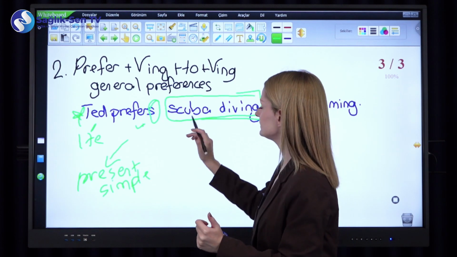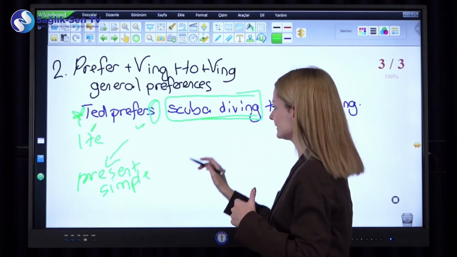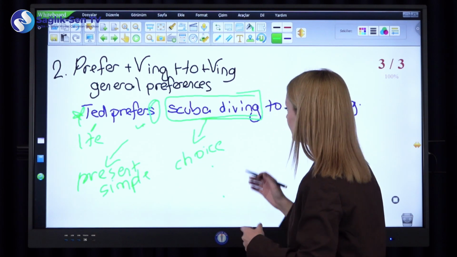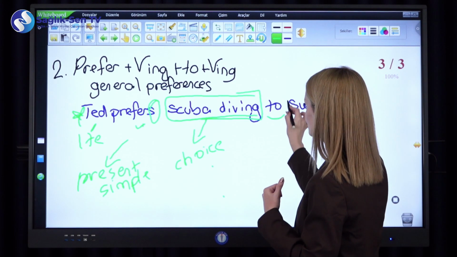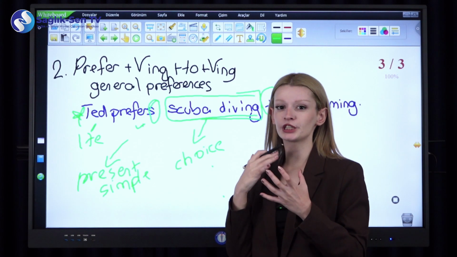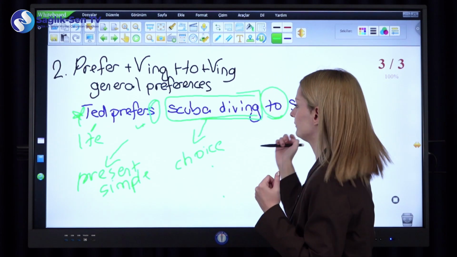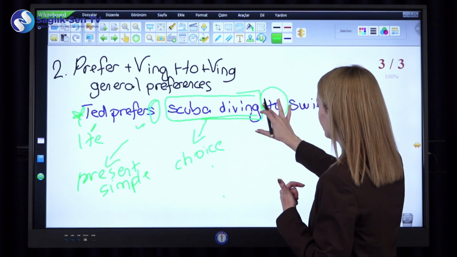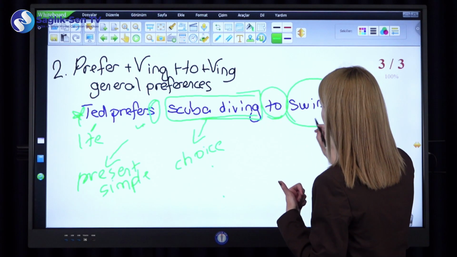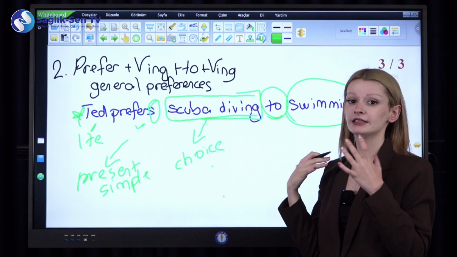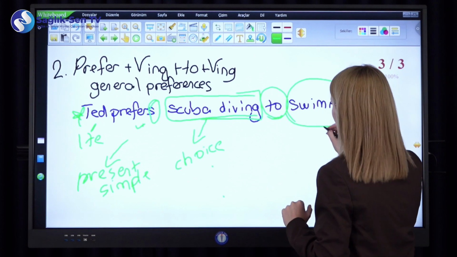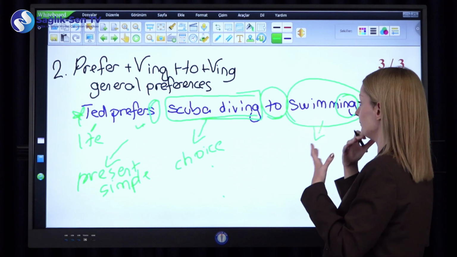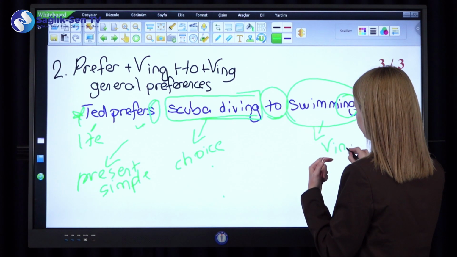We can understand that Ted's choice is scuba diving. And then we add to, and we will compare his choice to what he didn't choose. And after to, I put the thing that Ted didn't prefer. And I also used it as a verb ing.